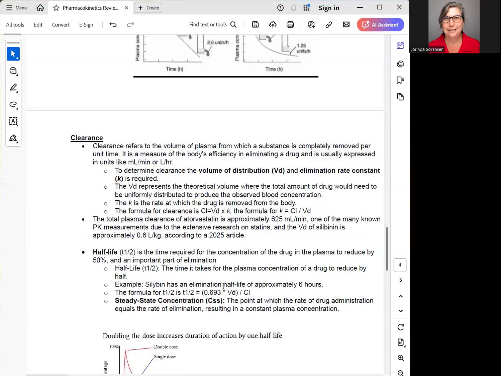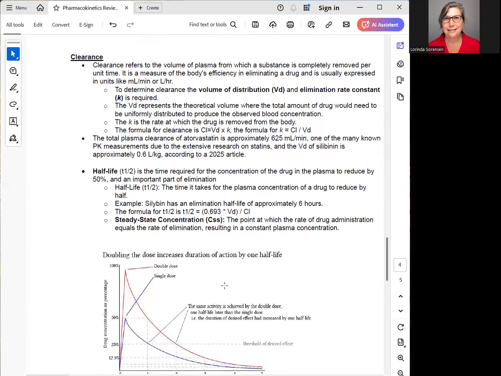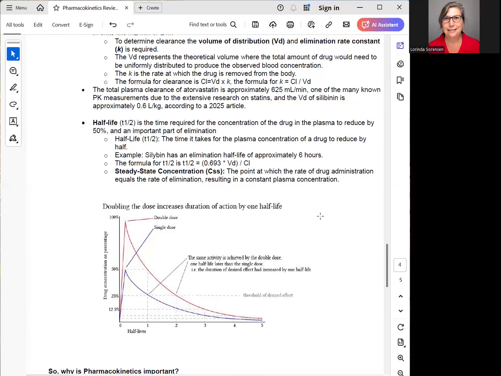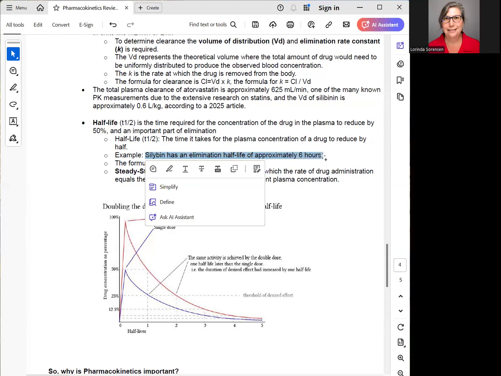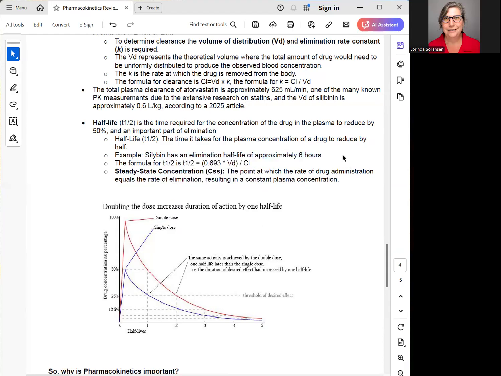Half-life, of course, makes perfect sense. And it can be very helpful for just kind of keeping an eye again on dosing and dosing strategies. So 6 hours is the half-life of silibin. So this might be something that you could dose BID versus TID.